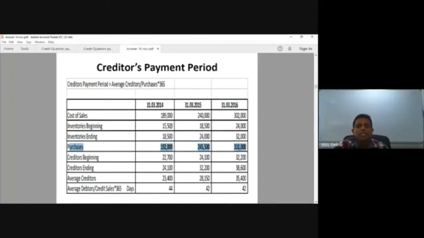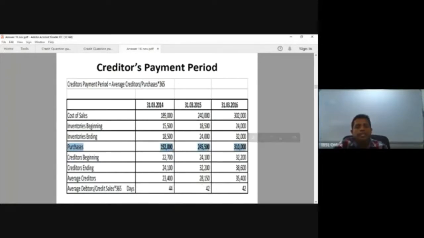So 3,000 is added. That's how this 192,000 comes to light: 189,000 plus 3,000, 192,000. In the formula, ending inventory we add, beginning inventory we deduct. Similarly, you can calculate purchases figures for every year.